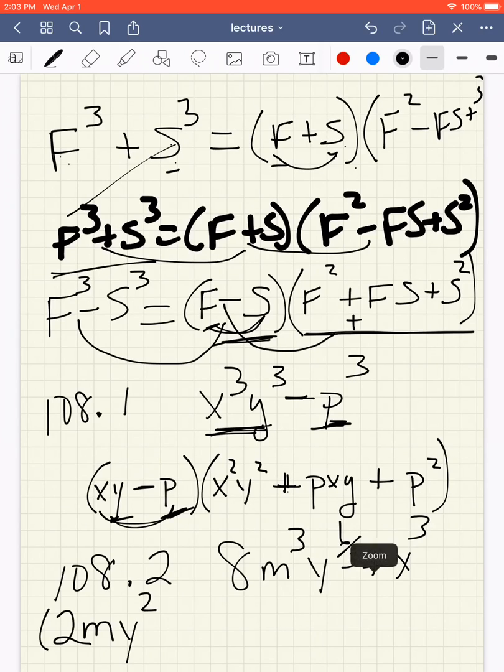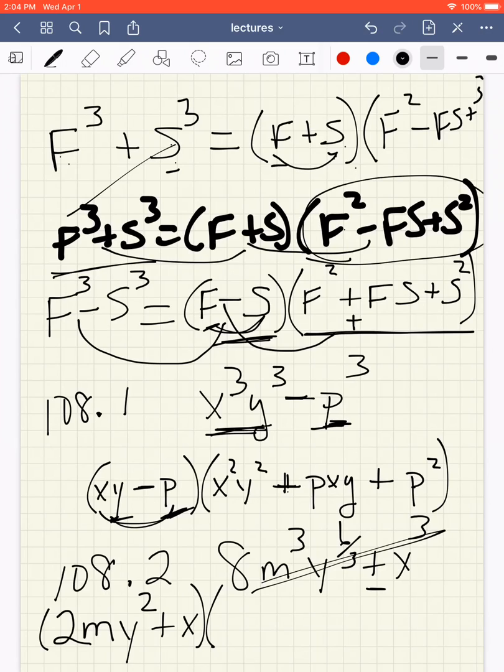And then plus. Remember, if this is a plus, the first parentheses is always the same. And the cube root of x cubed is x. Okay, now you can really just forget about this. Because the formula here says square the first term. Well, the first term is 2my squared. So that squared would be 4m squared y to the 4th.